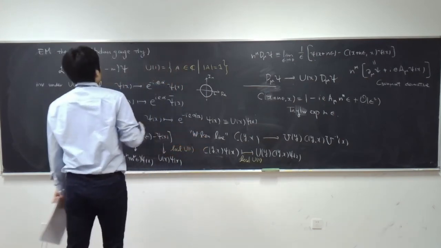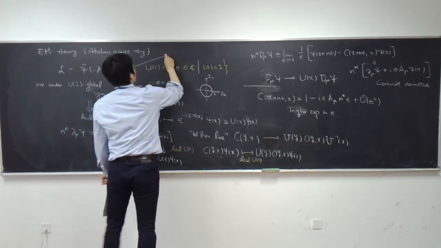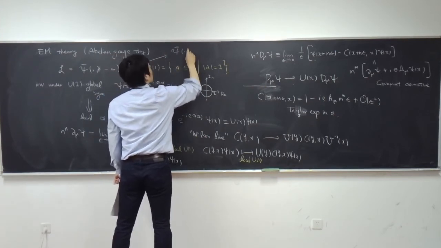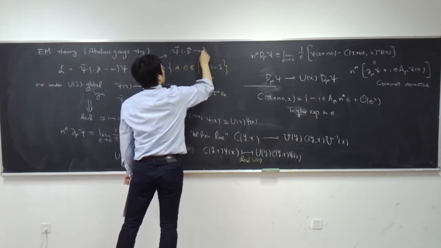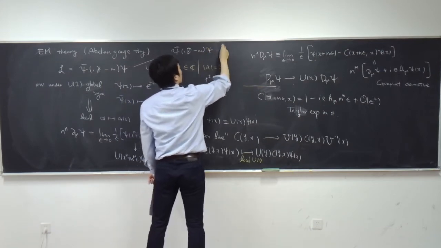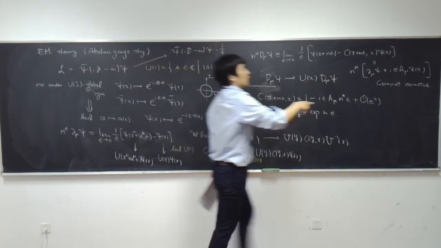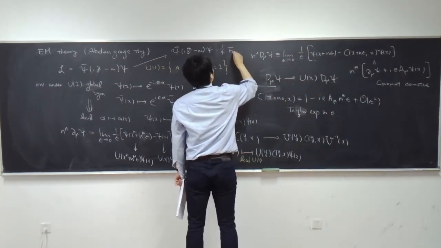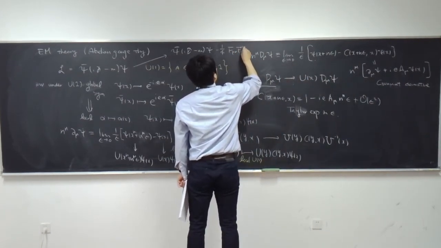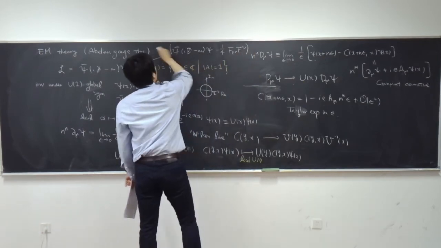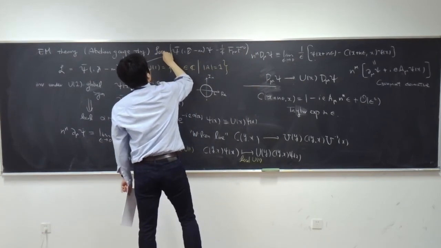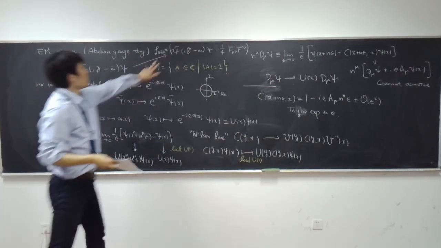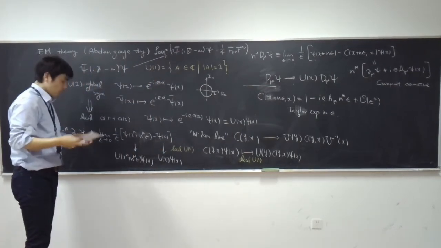So in QED, this is for the D slash of psi, and you also have to include the so-called gauge field Lagrangian F_mu nu. That's the Lagrangian for QED. Therefore this is invariant under the local symmetry.